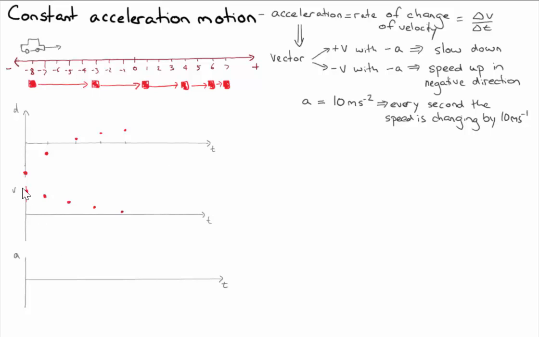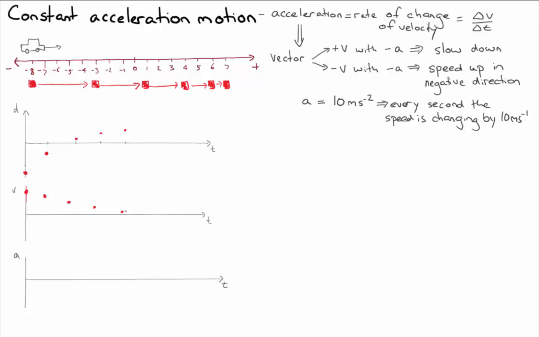And assuming we've drawn this correctly, our velocity graph suggests that for each unit of time, the velocity is changing by the same amount. So the change in velocity every unit of time is the same, which suggests that the acceleration is constant, as well as being in a negative direction.